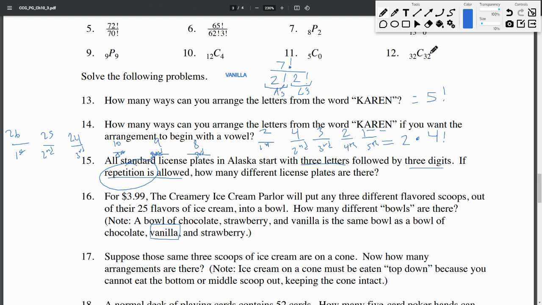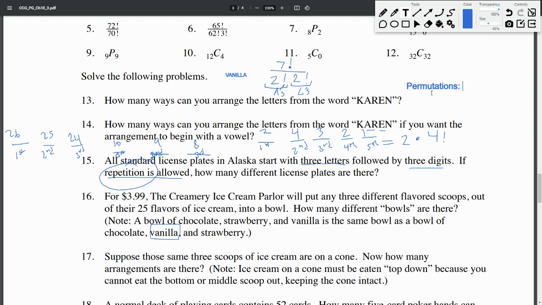The last thing that I wanted to briefly talk about, again, is the difference between permutations and combinations. So if we're looking at permutations, remember that, I don't think I can make this bigger. Here we go.